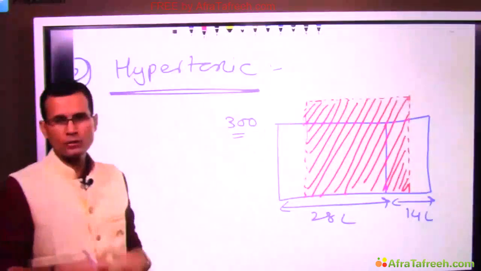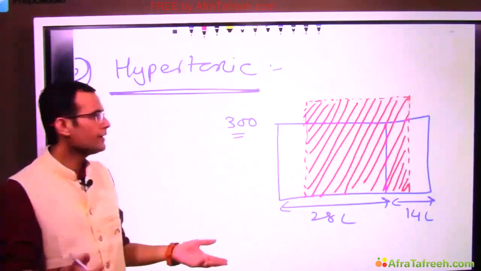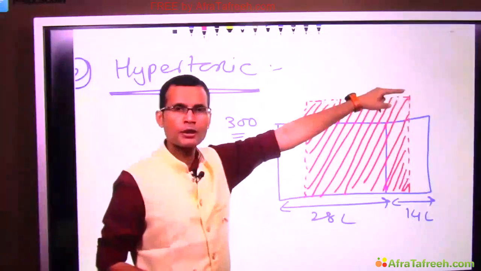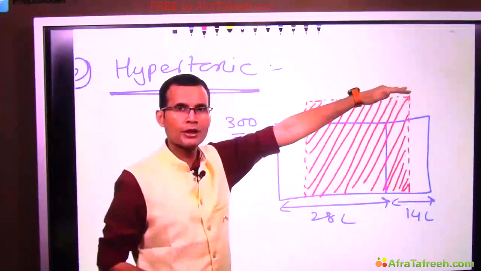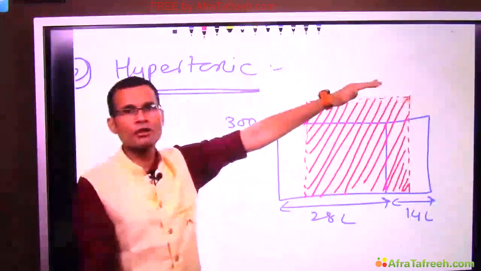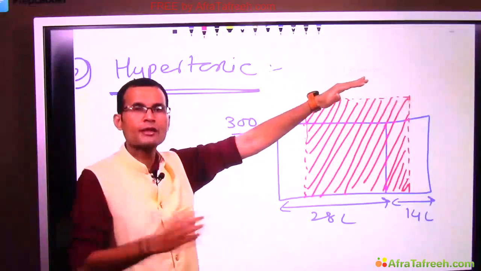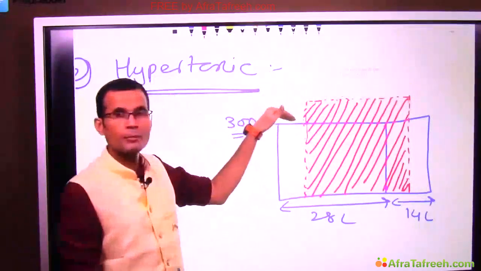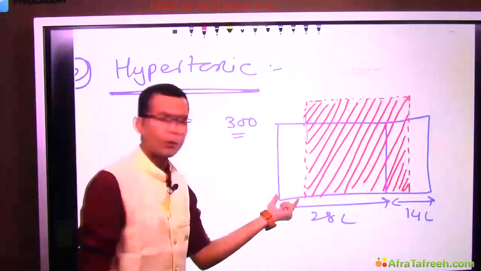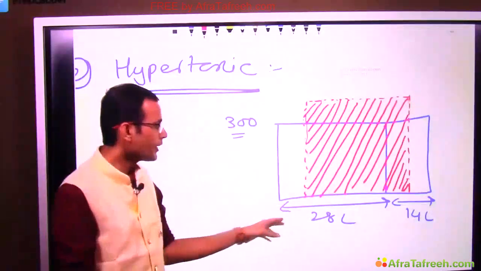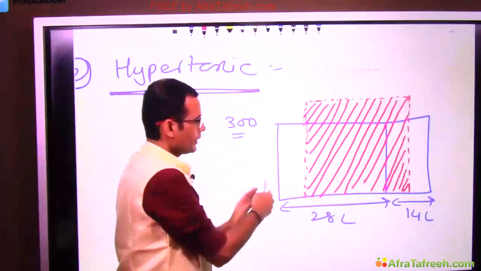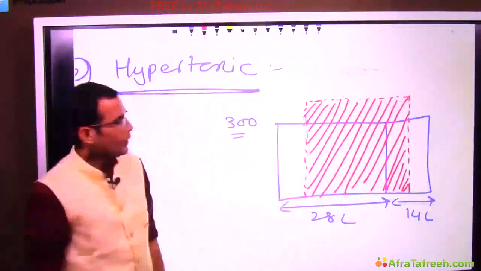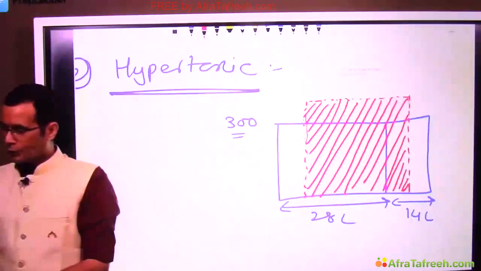You see, 300 is the normal tonicity of the plasma or ECF. This is hypertonic, and because ECF was hypertonic, ICF water will move into the ECF so that they finally reach osmotic equilibrium. But because of that, ICF volume also has shrunk secondarily, which you can see here, 28 liters. The volume has shrunk. Right, so that was hypertonic dehydration.